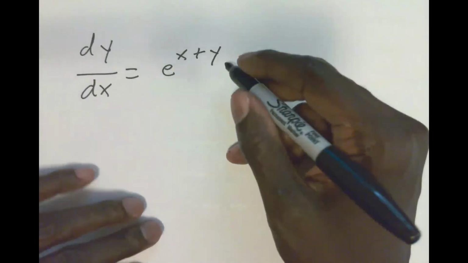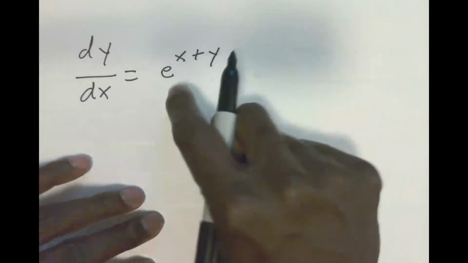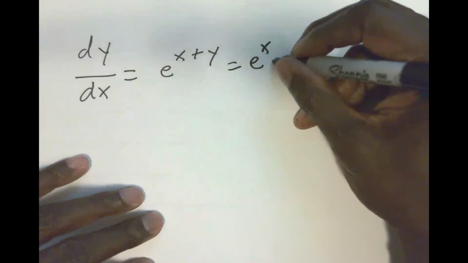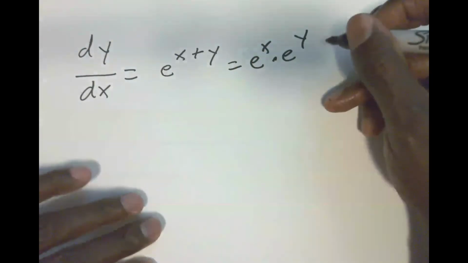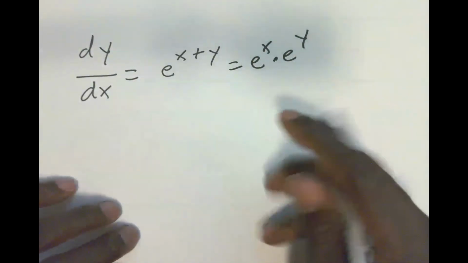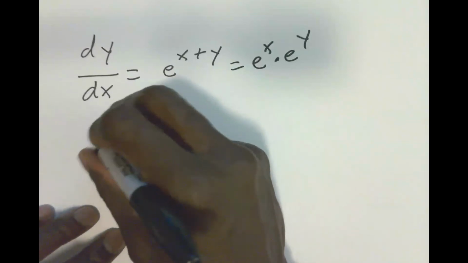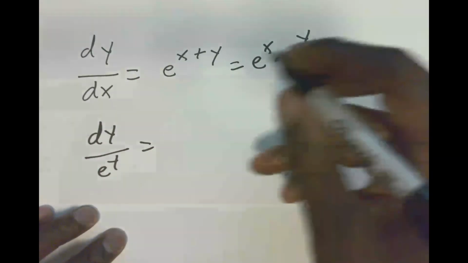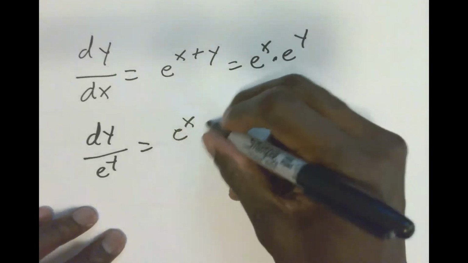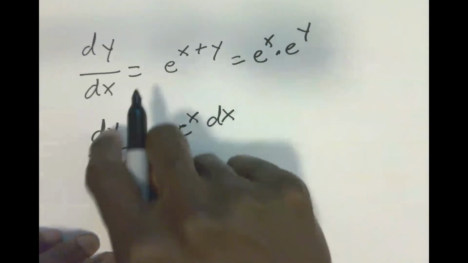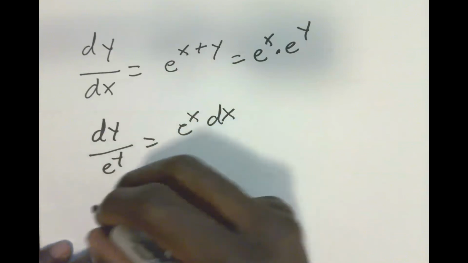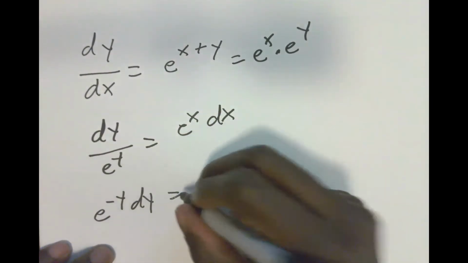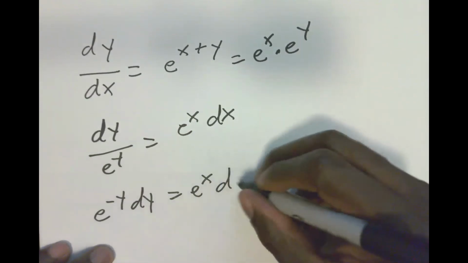But if we understand the properties of exponents, e to the power of x plus y is the same thing as e to the power of x times e to the power of y. So we do have a product of functions. If I separate, I'll get dy over e to the y equals e to the x dx. And dy over e to the y may be better to think of as e to the power of negative y dy equals e to the x dx.